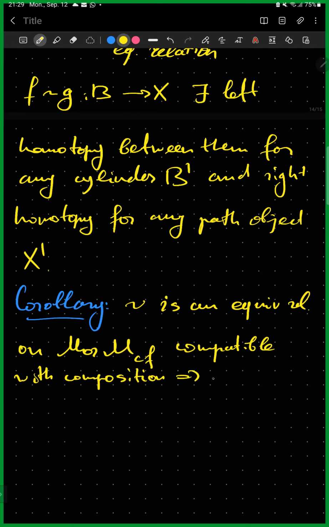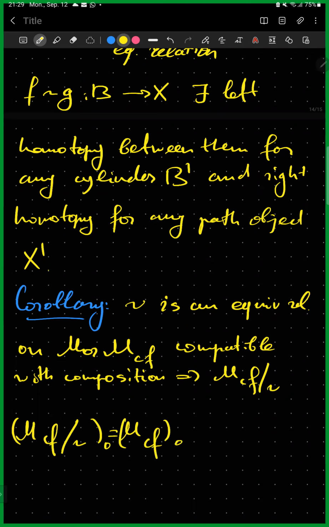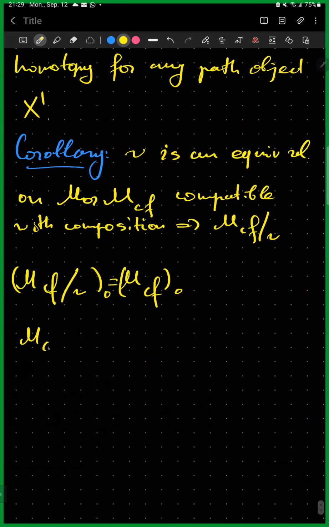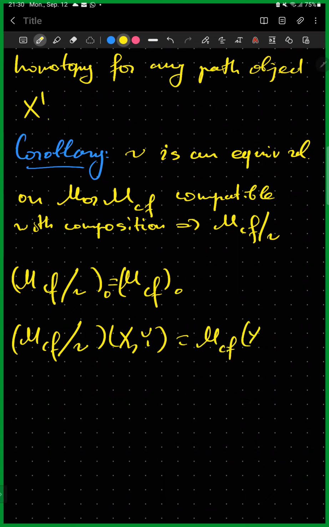And this means that the category M_cf modulo this equivalence relation is well defined. So this notation means that the objects here remain the same, and morphisms are modded out by this equivalence relation.